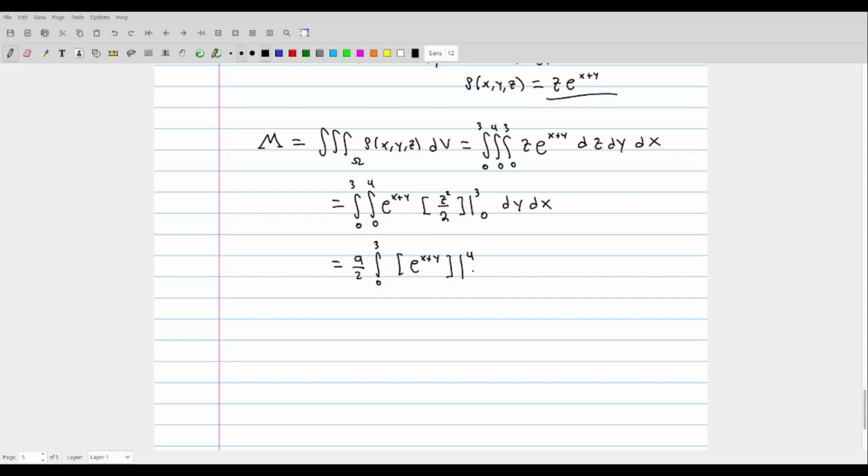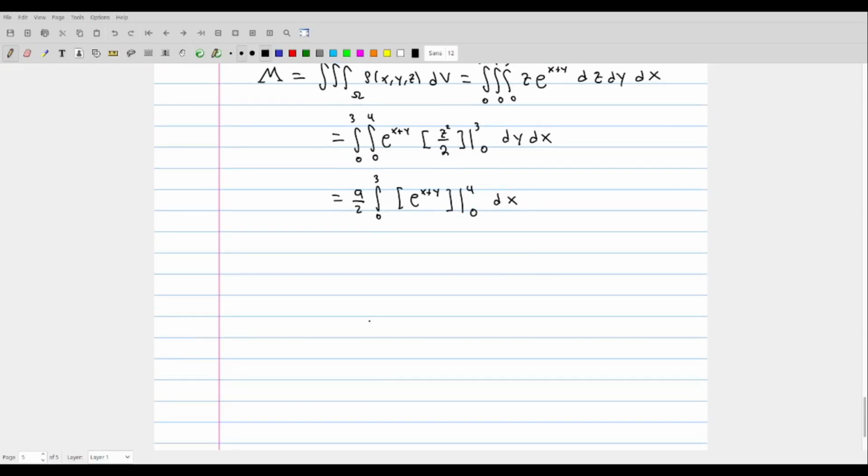This is from 0 to 4. So when you plug in here, this will be 9 halves times the integral from 0 to 3 of e to the x plus 4 minus e to the x plus 0, which is just e to the x.